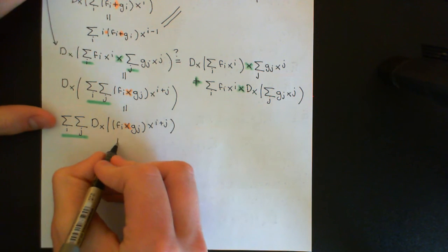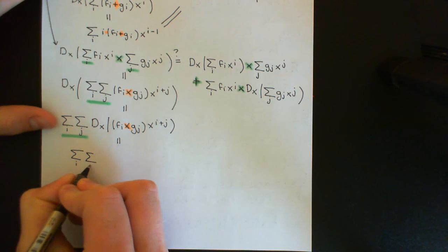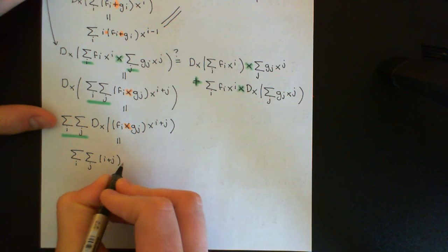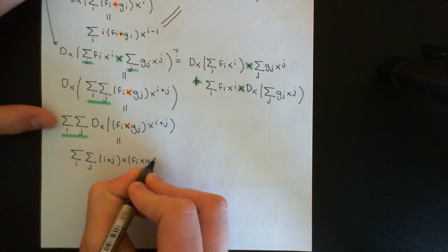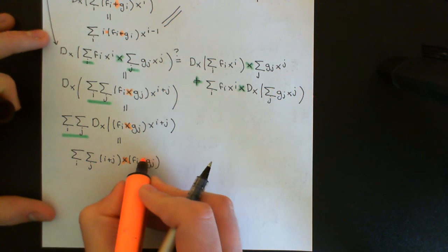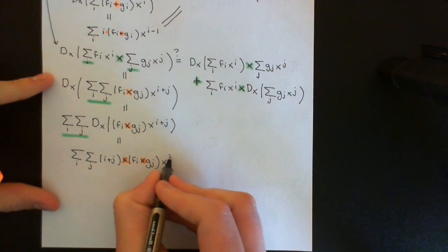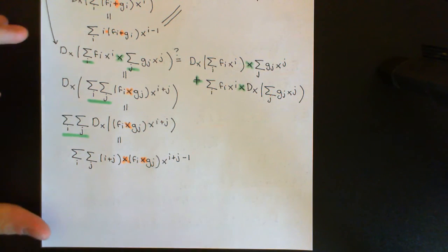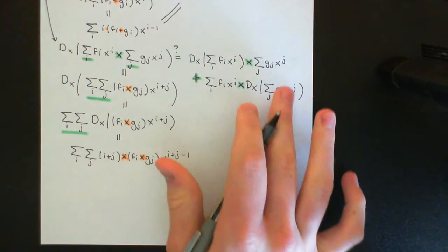So this is then going to become the sum over i, the sum over j of i plus j times f_i times g_j, where that's multiplication in the field capital F, and then we'll lower the power of x by 1, so it'll become x to the power of i plus j minus 1 in this way.